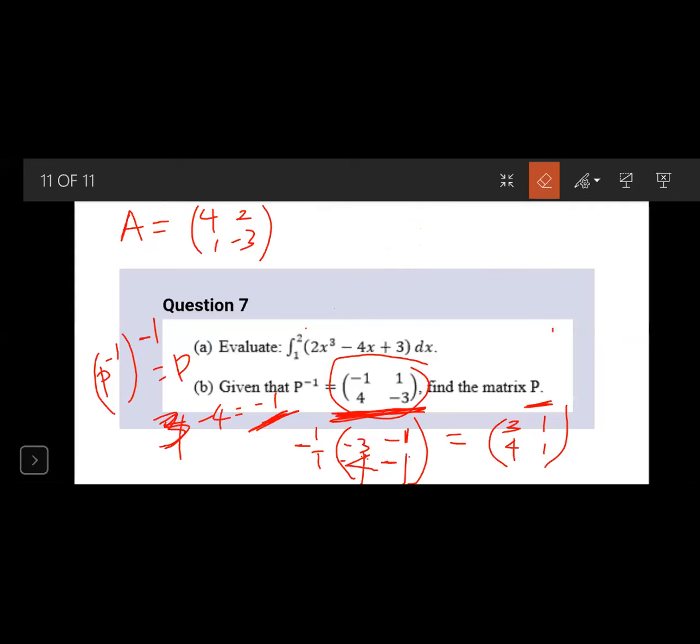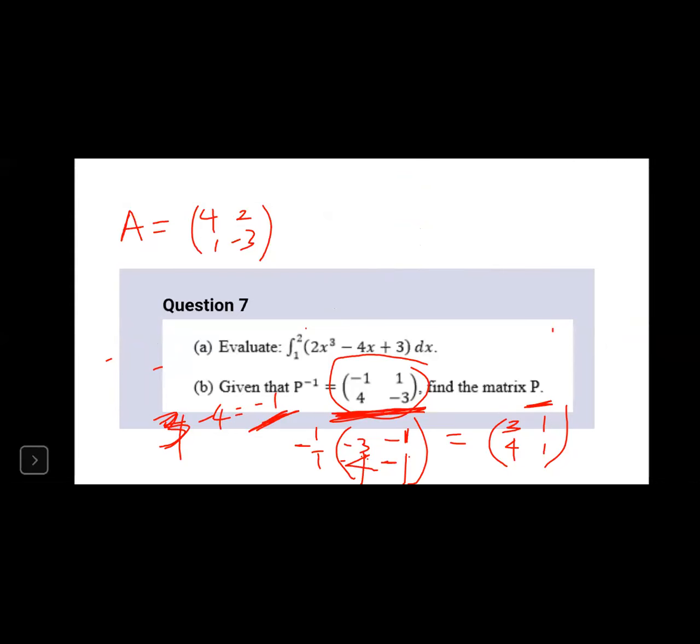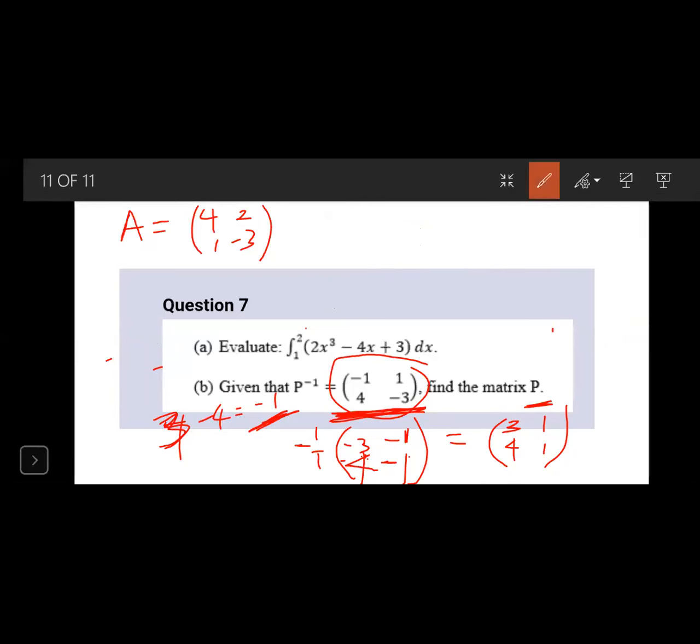Now, let's see how we can solve. To do this particular question, the first thing you are going to do is, we have got the determinant already, so find the minor.